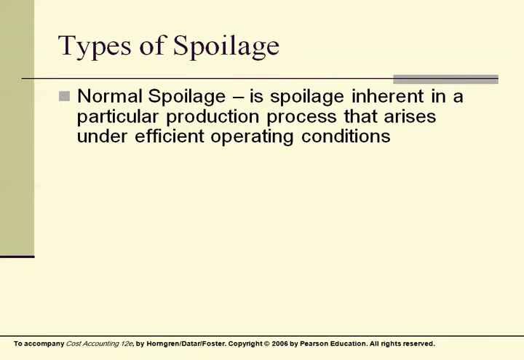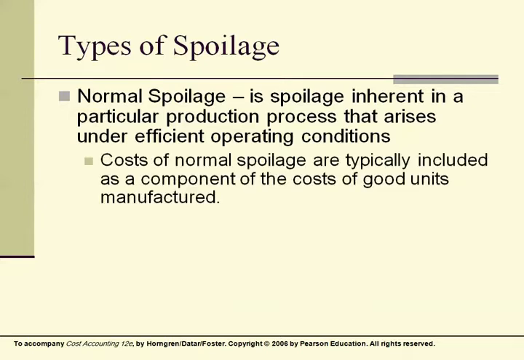Types of spoilage. Normal spoilage is a spoilage inherent in a particular production process that arises under efficient operating conditions. Costs of normal spoilage are typically included as a component of the costs of good units manufactured.